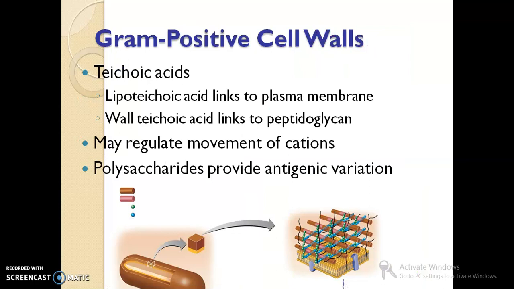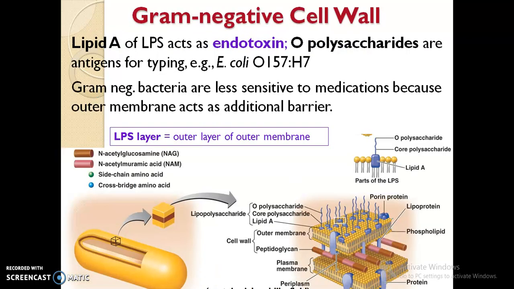Now, let's start with some basic structure. The outer membrane found in gram-negative bacteria functions as an initial barrier to the environment and is composed of lipopolysaccharide and phospholipids.